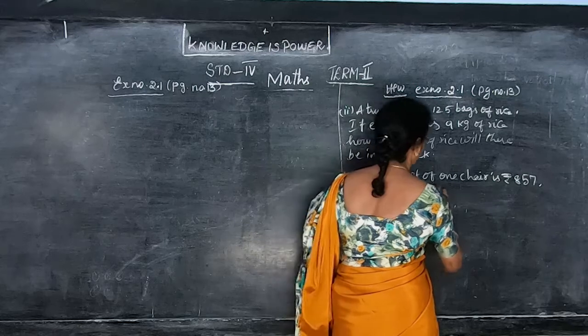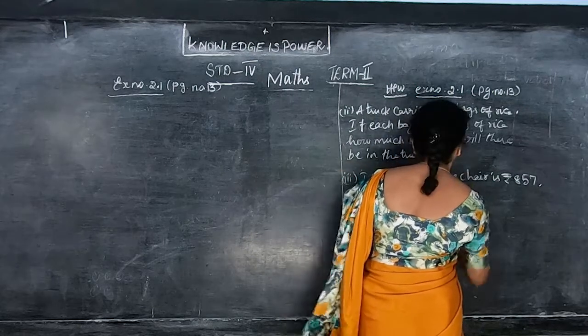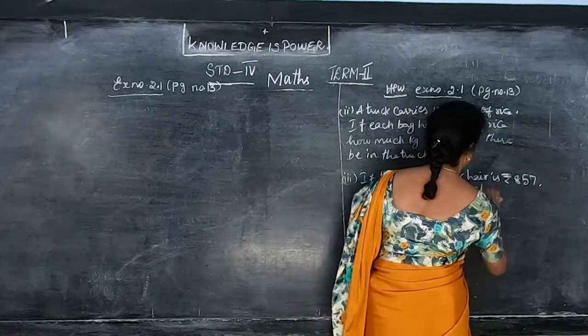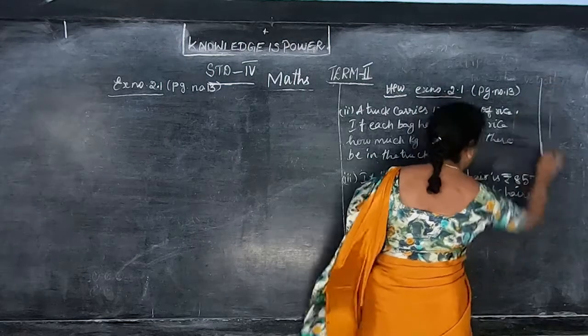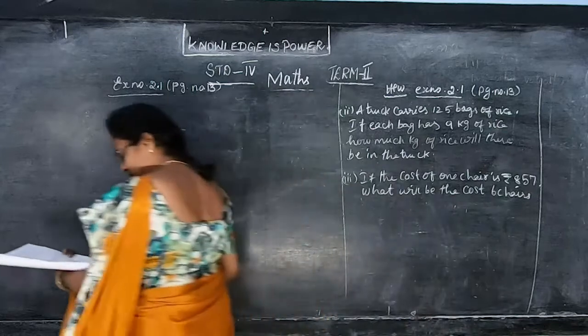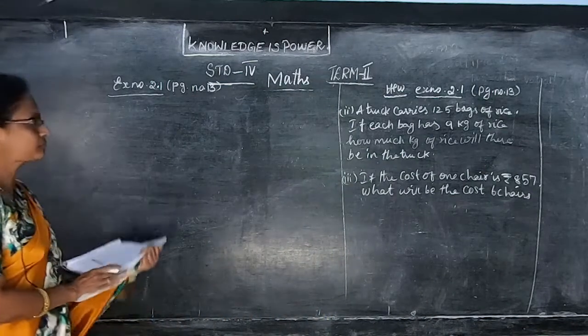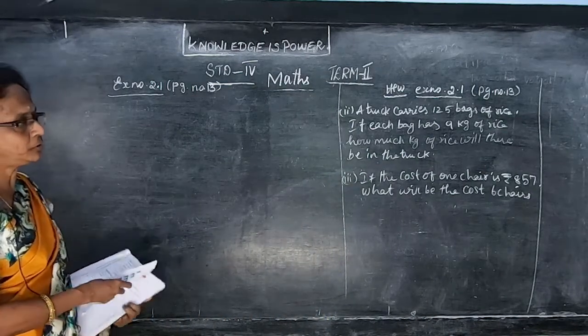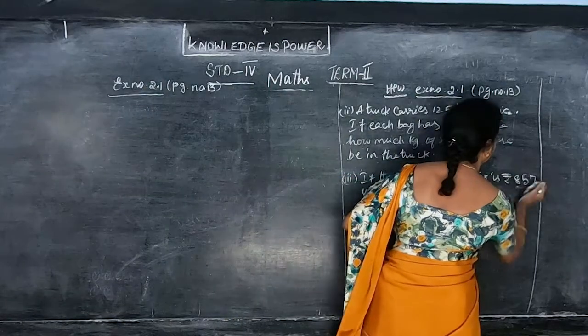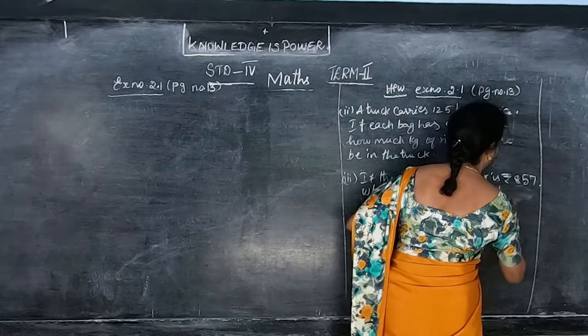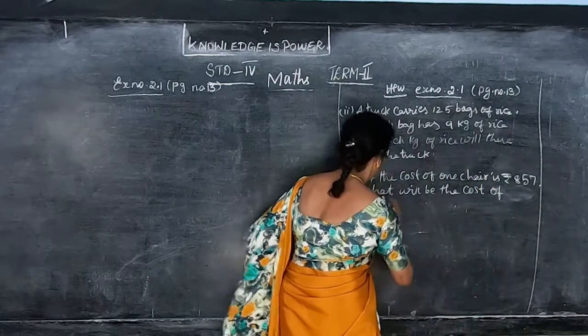So these two are the exercises. Do the sums and see, children. This is the homework for you.